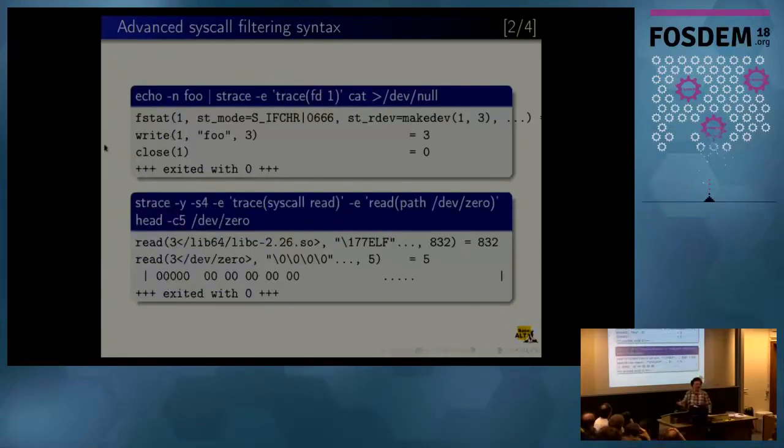You can also combine different kinds of things, like, as you can see in this example, you can trace the read syscall and dump only those syscalls that access a specific file. This way you will see that in a slightly artificial example, some program accesses different things, but we dump only those of them that are actually interesting.